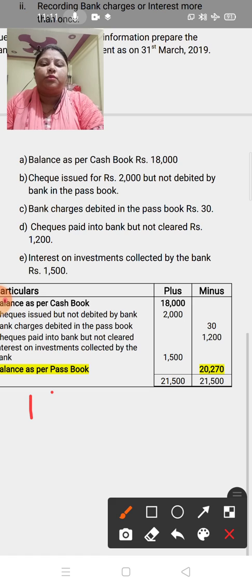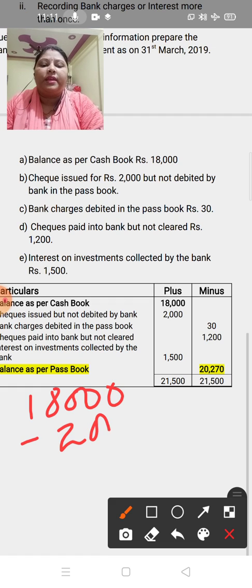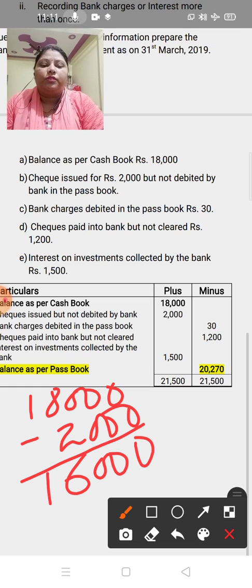See here, the cash book has a balance of 18,000. Now if we subtract the 2,000 from the cash book, the cash book balance is 16,000, and the passbook balance is 18,000 only.